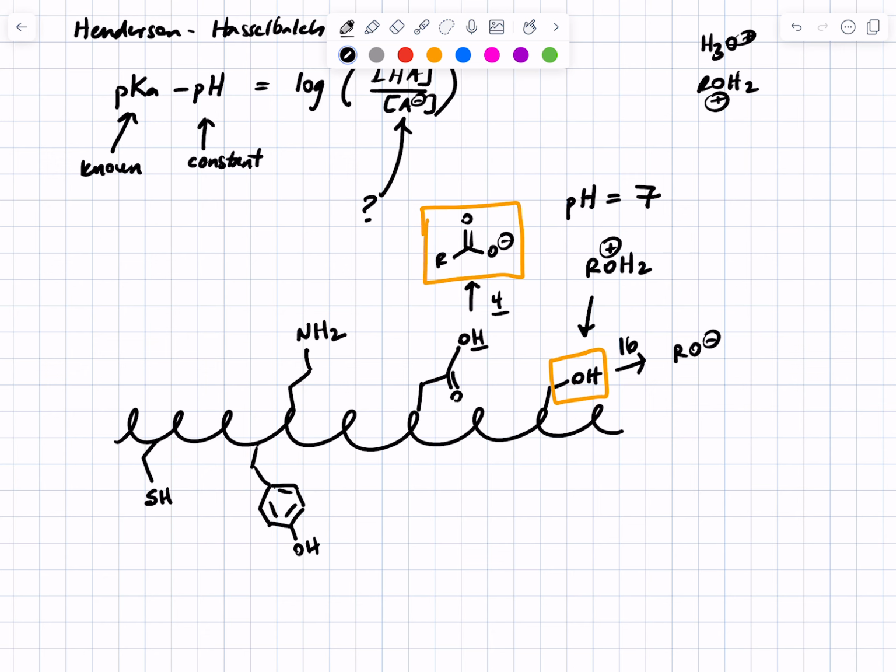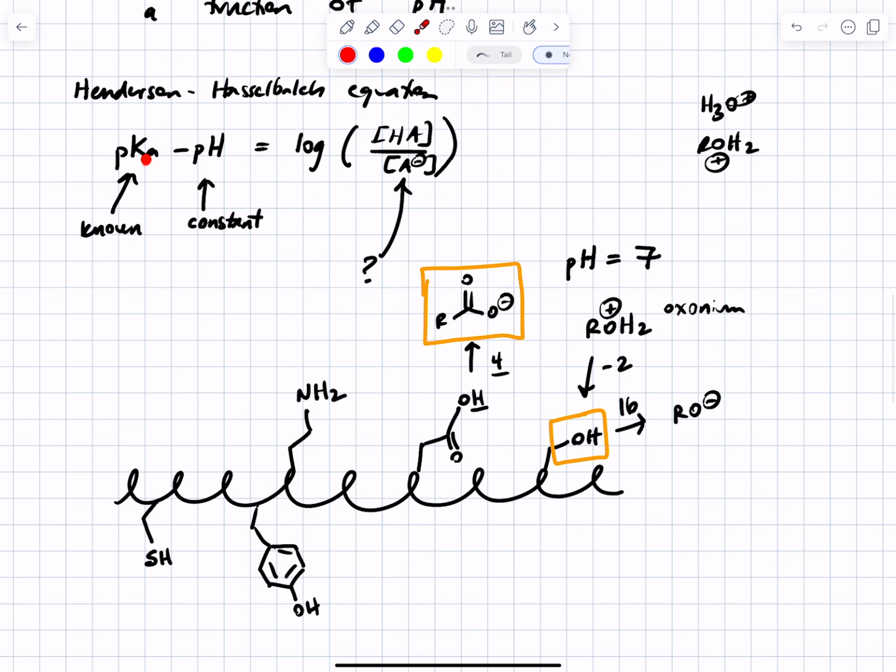Why? Because the pKa of that protonated oxonium ion is minus 2. So do the math. Minus 2 minus 7 is still a really large negative number, meaning that at pH 7, the oxonium ion loses its proton to give you the neutral alcohol. Does that make sense?